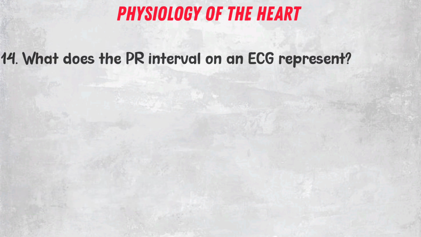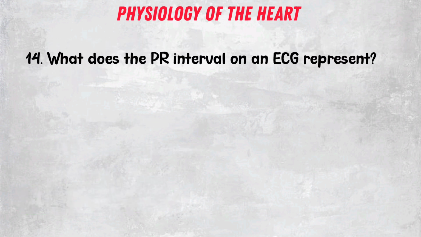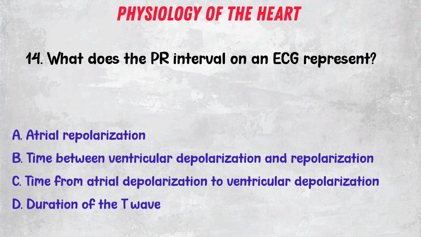Question number 14. What does the PR interval on the ECG represent? We have A, the atrial repolarization. B, time between the ventricular depolarization and repolarization.